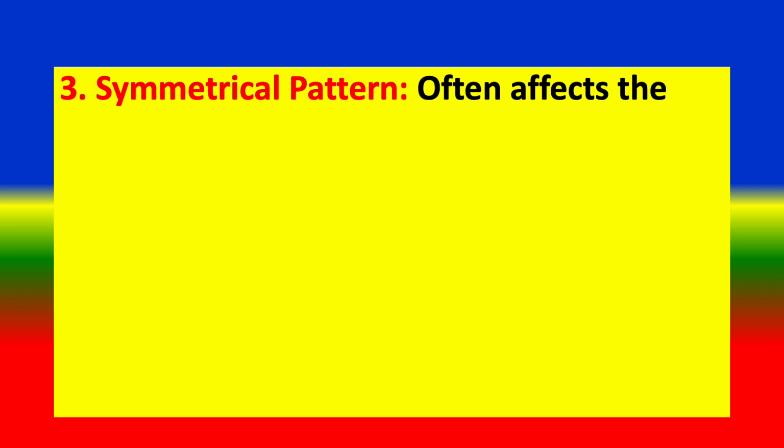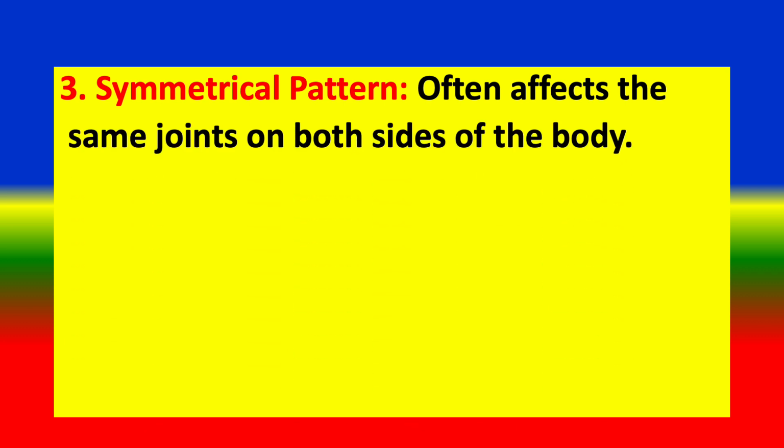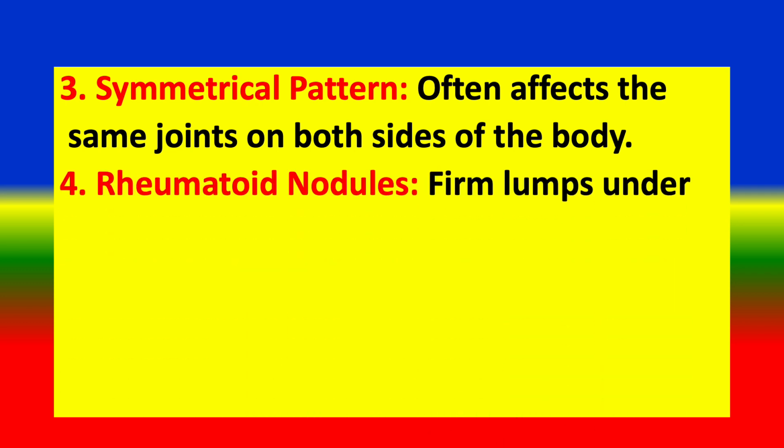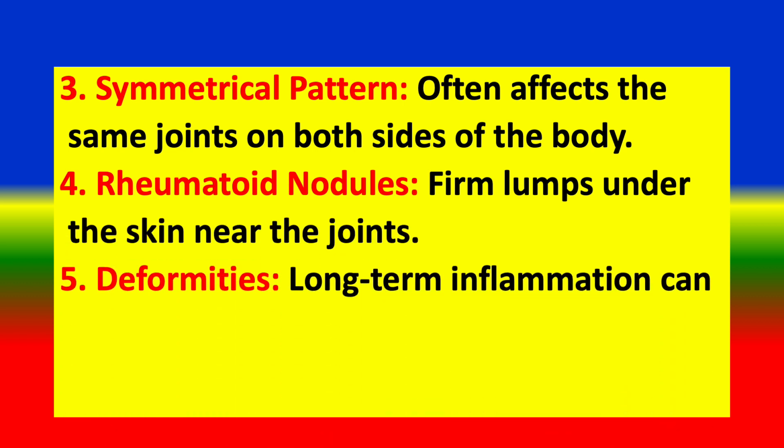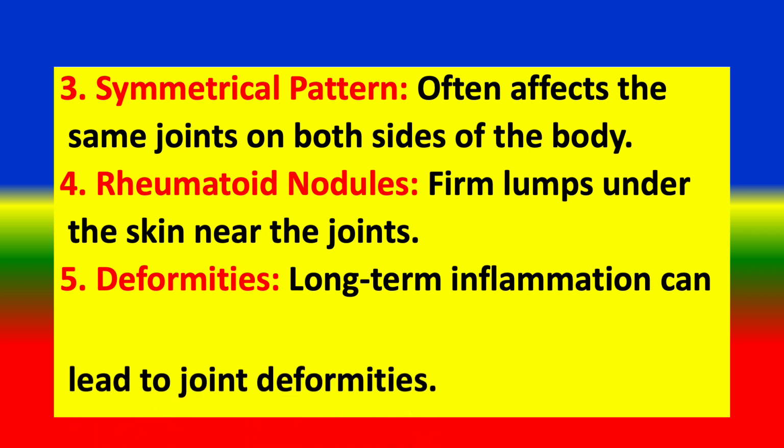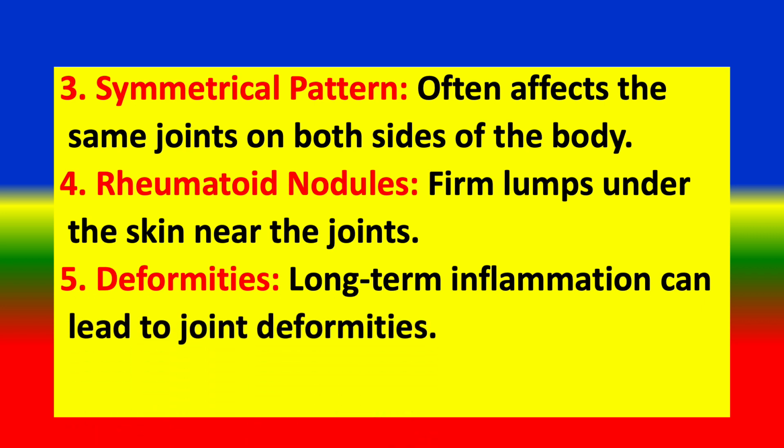Symmetrical pattern, often affecting the same joints on both sides of the body. 4. Rheumatoid nodules, firm lumps under the skin near the joints. 5. Deformities, long-term inflammation can lead to joint deformities.